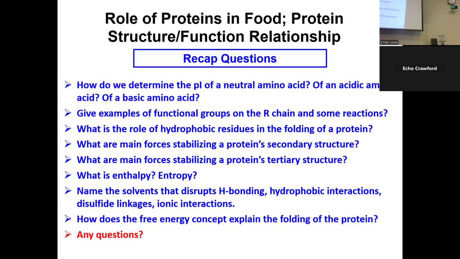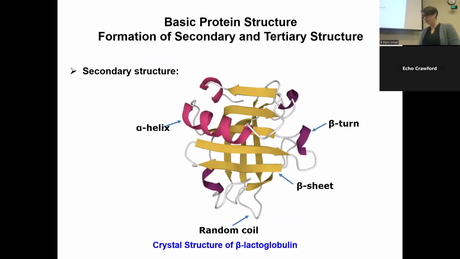All right. So we can continue where we left off. We talked about primary structure and we talked about folding. Now I'm going to talk about the different types of secondary structure. After formation of the primary structure, which is the amino acid sequence, putting those amino acids in sequence, the protein starts to fold.